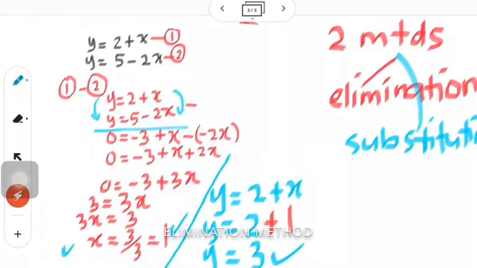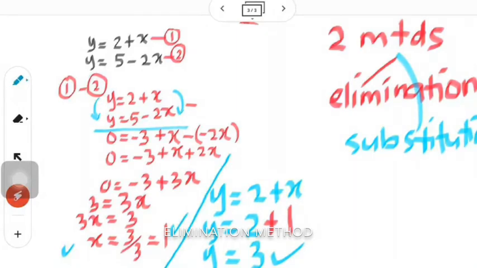And then kita variable tu dengan constant kita groupkan. So dia akan jadi 3 equals to 3x. Lepas tu kalau nak dapat x, kena divide 3, lepas tu divide 3. So dia akan equals to x equals to 1.